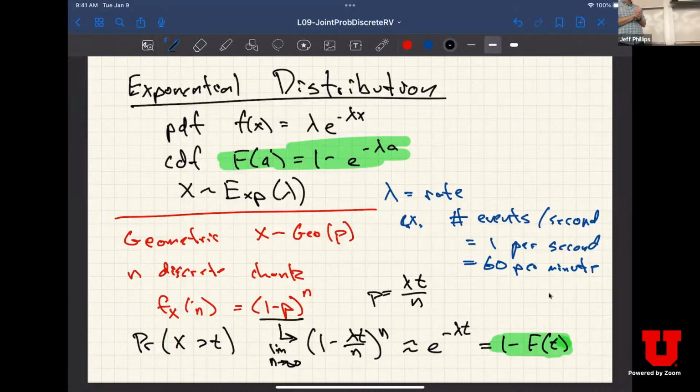I could think of adding this p here at the end, but what's going to happen is n gets very large.